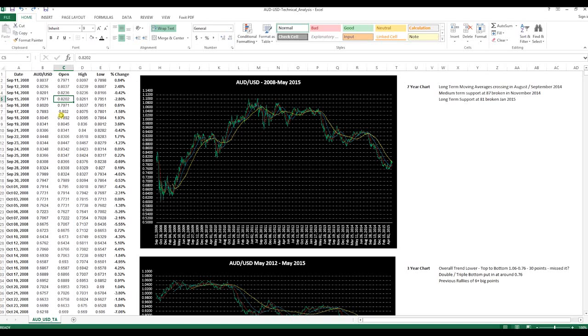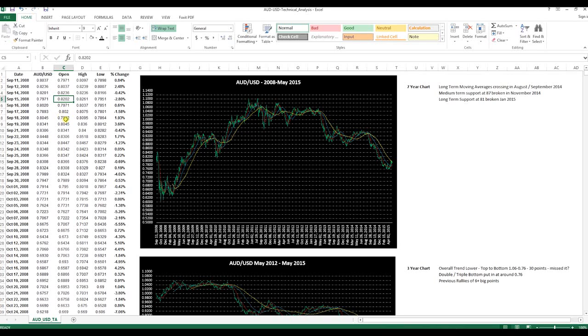So we're going to be critically analyzing the technicals for the Aussie dollar, US dollar exchange rate and looking at the bigger picture technicals to try and understand if our timing is any good in looking to short the Aussie dollar, US dollar, as our fundamental predisposition is to look to sell this exchange rate.